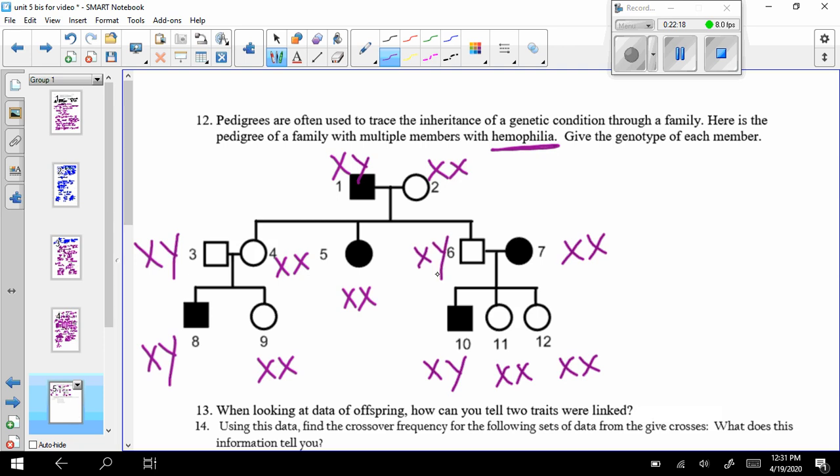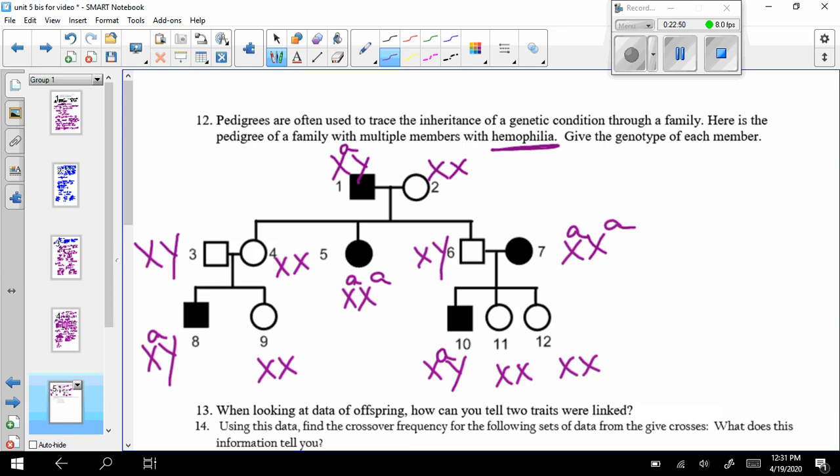Once you've done that, you can go through, and anybody that has the trait has the lowercase. So there's a dad with it. Here is a son or grandson even. This is a girl that has it, so she's both X^a X^a, and you go through and do all of your letters of the ones that have it.